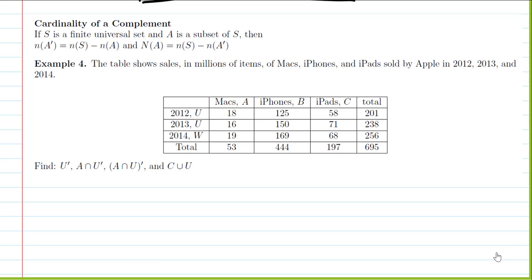If S is a finite universal set and A is a subset of S, then the number of things in A complement equals the number of things in the universe minus the number of things in the set A. And vice versa, the number of things in A is equal to the number of things in the universe minus the number of things in A complement.